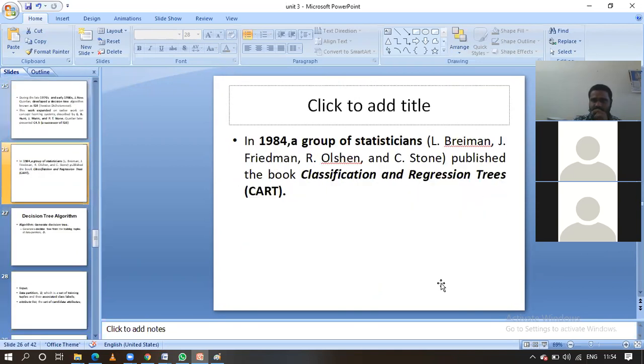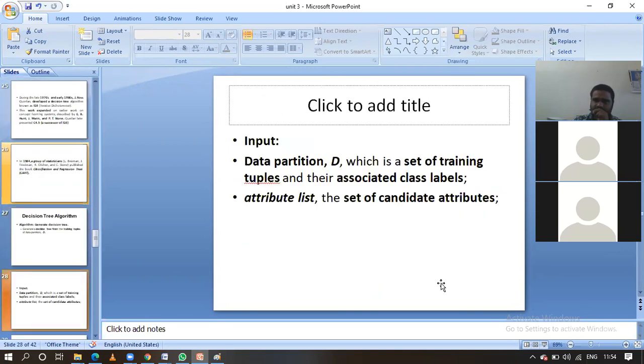And what is the input for the decision tree? These are the tuples we are going to give as input for the decision tree construction, as well as the class labels. And one more thing is the attribute list. The attribute list is a set of candidate attributes. For example, one attribute is credit card rating, another is the ID of that particular customer.